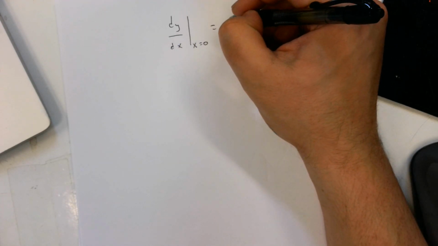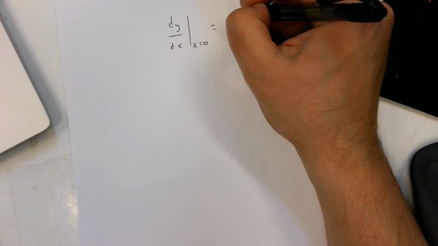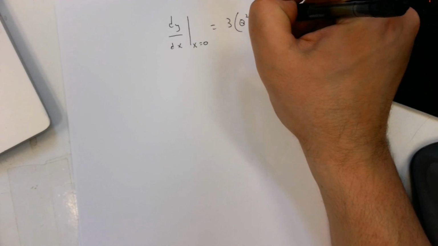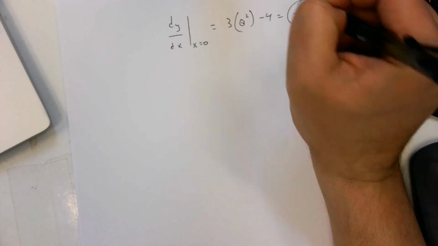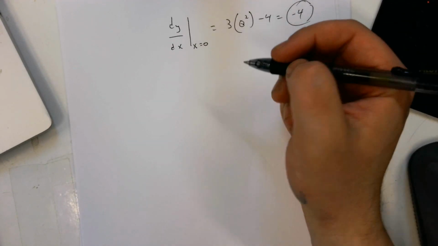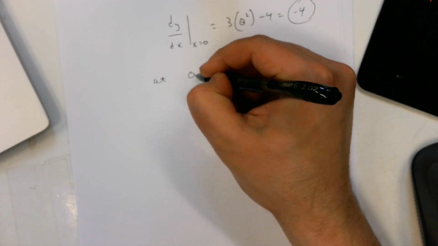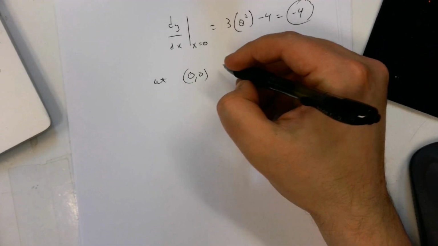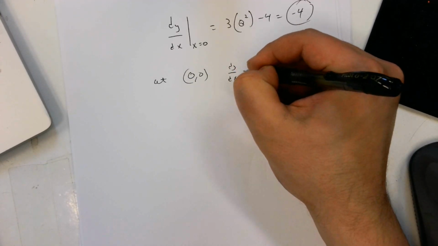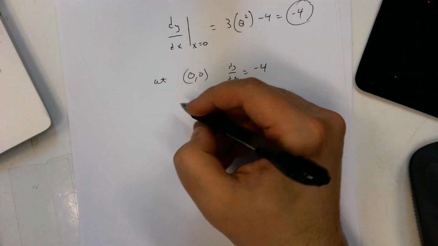This is a very easy derivative, right? There's no y in here. Implicit derivatives are a little bit spicier. So my ordered pair is 0, 0, right? At 0, 0, which is a point on this curve, dy dx, which is my slope, is negative 4.